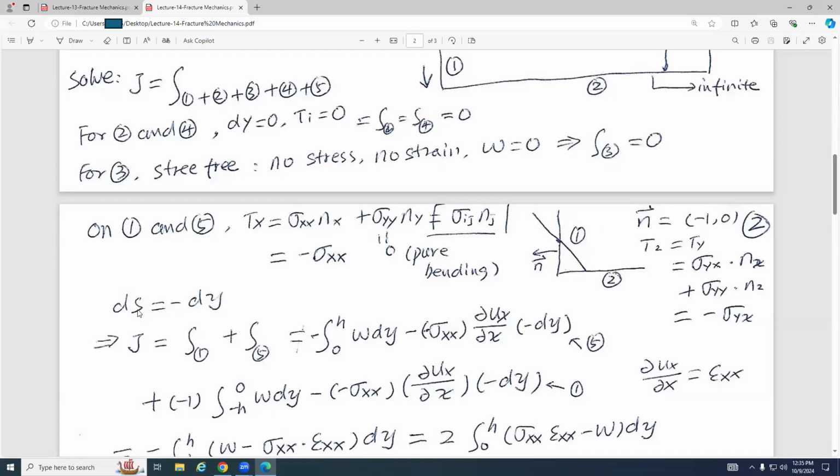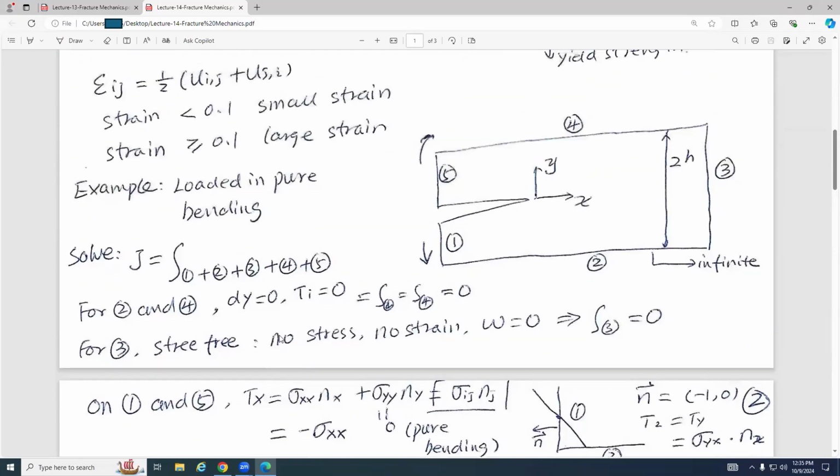My boundary is counterclockwise. Going down on line segment 1, to the right, going up, going to the left, and then going down again.